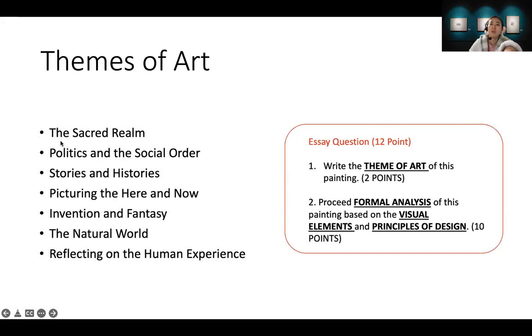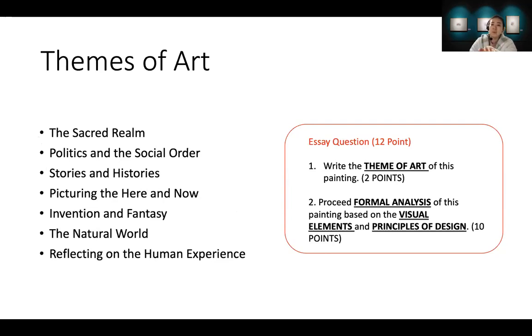We learned the sacred realm, politics and the social order, stories and the histories, picturing the here and now, invention and fantasy, the natural world, and reflecting on the human experience.